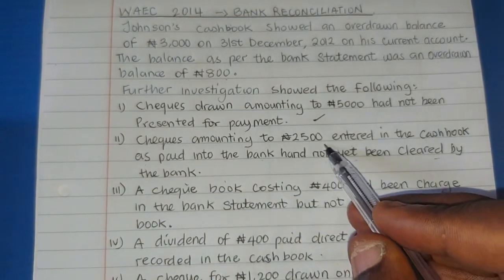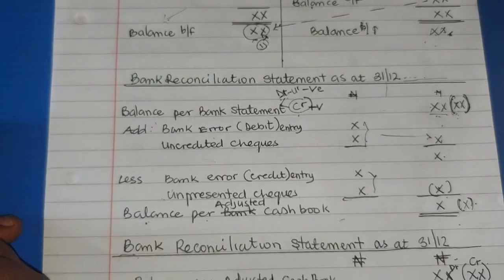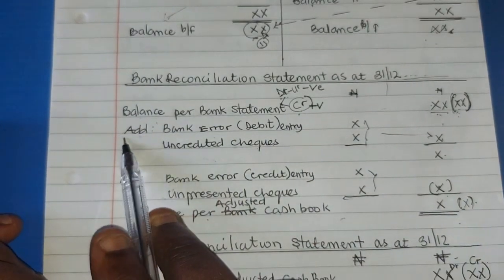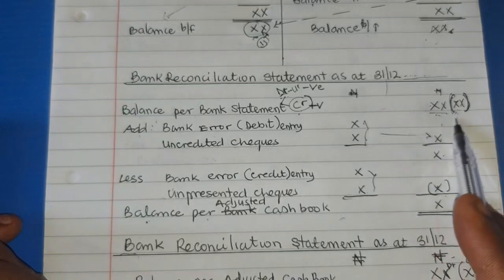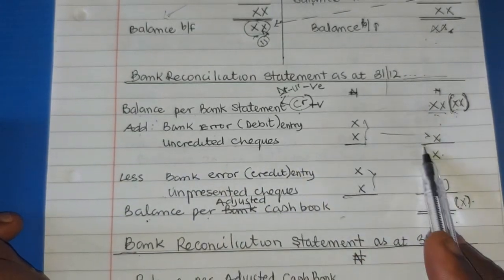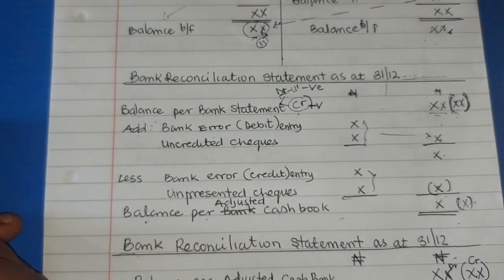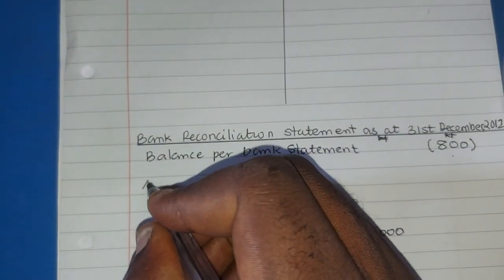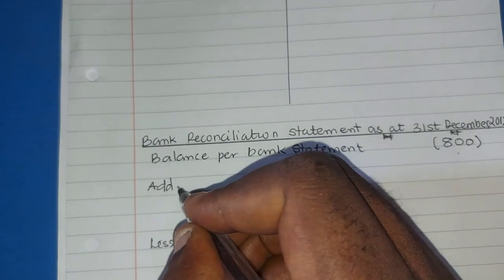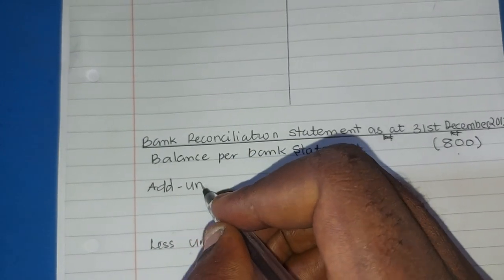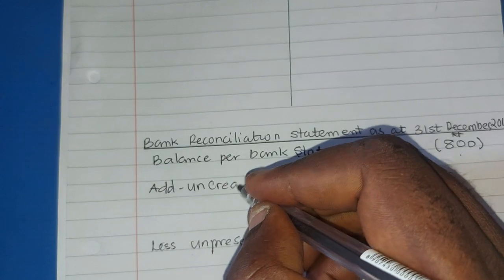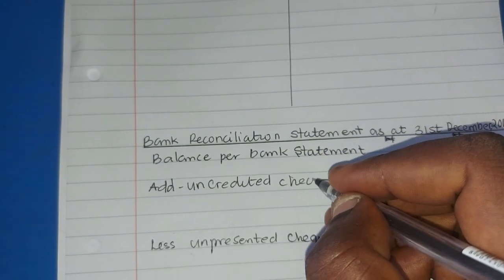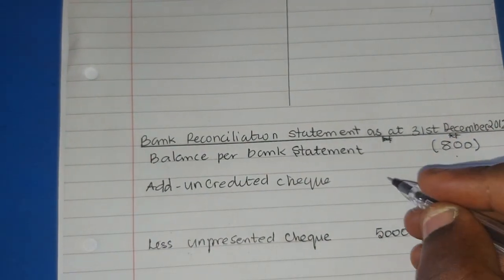So from the format, when you start with balance per bank statement, uncredited check will be added to this. So you come here and write add uncredited check. Okay, class, and that is 2,005.